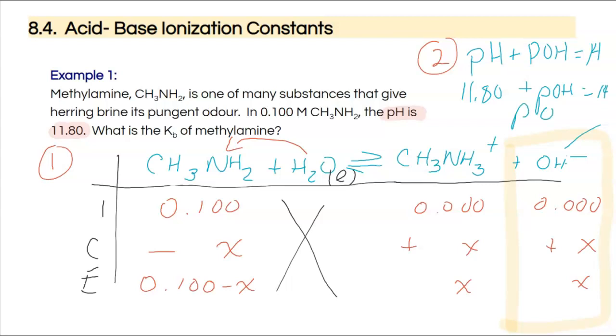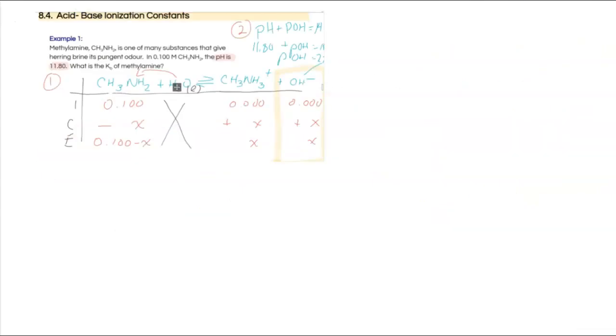So I end up with a pOH value here of 2.2. So at this point, I want to create another slide so that we can sort of clean this up a little bit and then still have this slide to look at. And so I've taken a little screenshot of where we left off. I'm going to call this step 3.